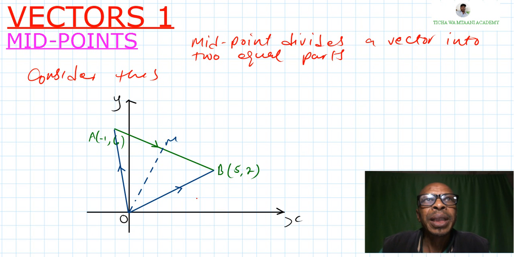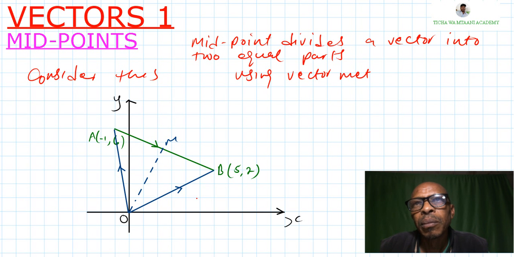Now, using the vector method. Since M is the midpoint, the vector OM is equal to, you follow this route, OA plus AM.